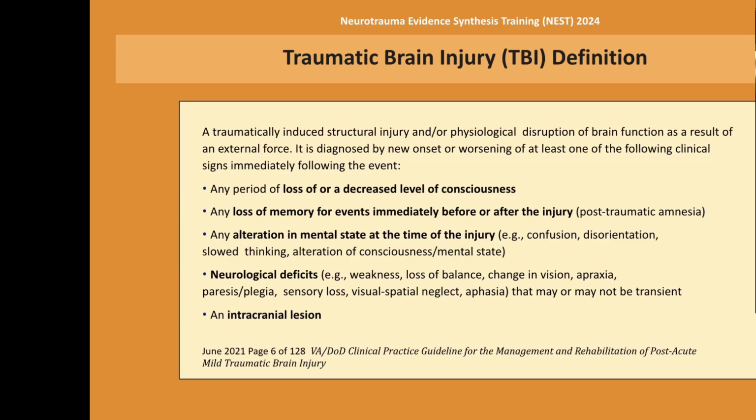You could have a loss of memory for events immediately before or after the injury. You could have an alteration in mental state at the time of injury. And there could also be neurological deficits. You can see some examples there on print, as well as potentially an intracranial lesion. And that would be what they'd be looking for on imaging.